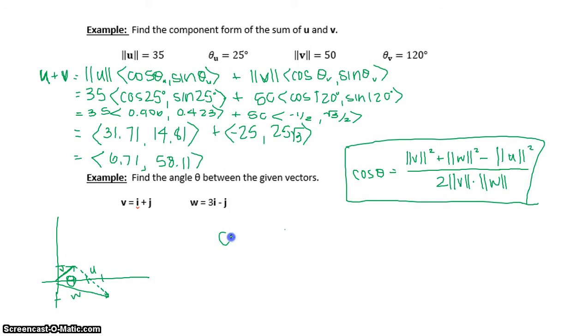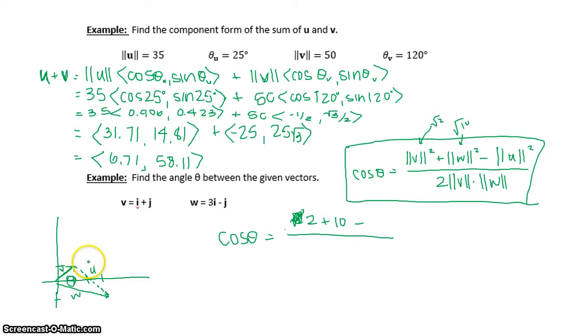So I get cosine of theta equals, the magnitude of v should be radical 2. So I have radical 2 squared, which is just 2, plus the magnitude of w, which should be the square root of 9 plus 1, so square root of 10, squared just be 10, minus the magnitude of u.